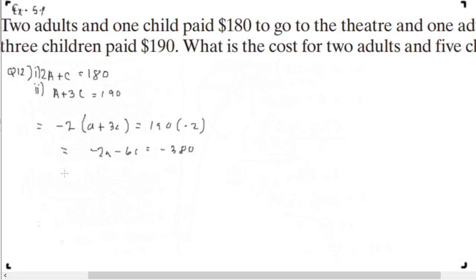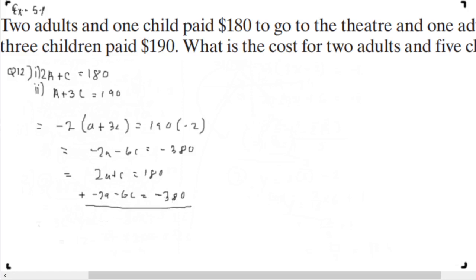Now we do our normal adding, right? 2a plus c is equal to 180, and we add that with -2a minus 6c equals -380.